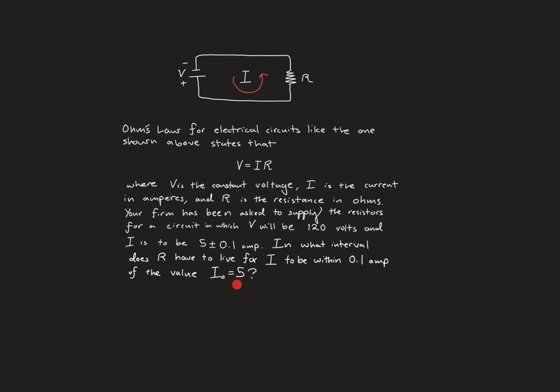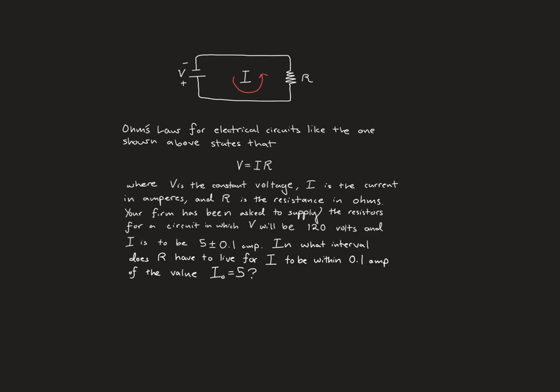Immediately I'm seeing that this 0.1 is playing like an epsilon. There's some delta that we are in search of, and R is bounded by that delta interval.